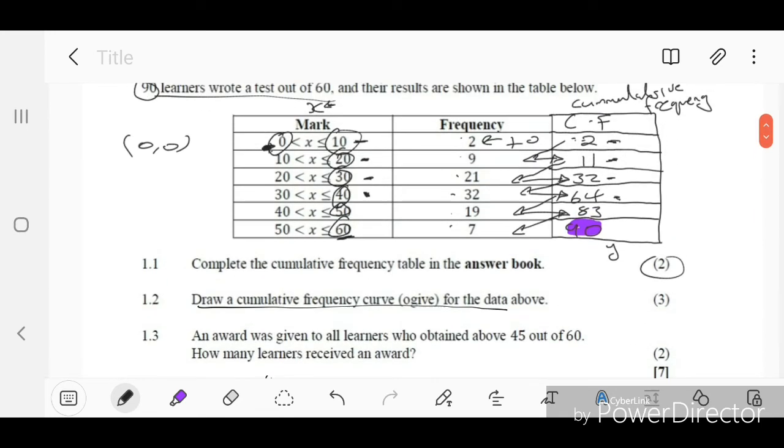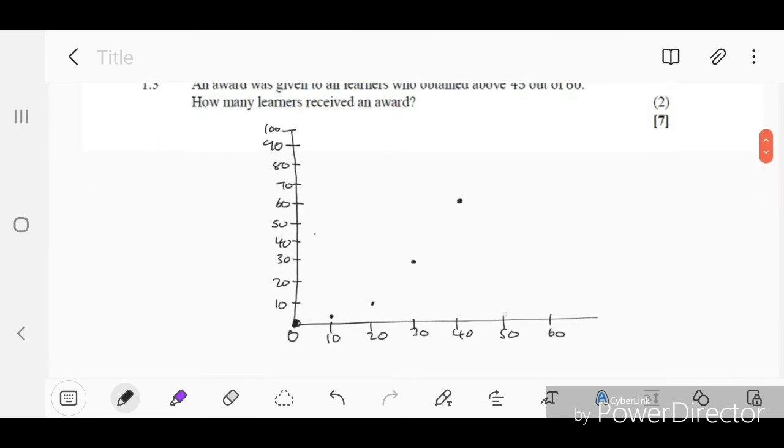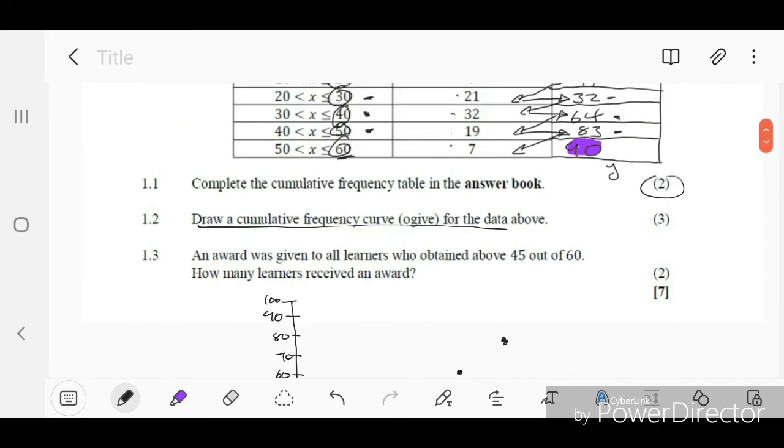Okay. And then 50 with 83, so 83 somewhere there. There we go.